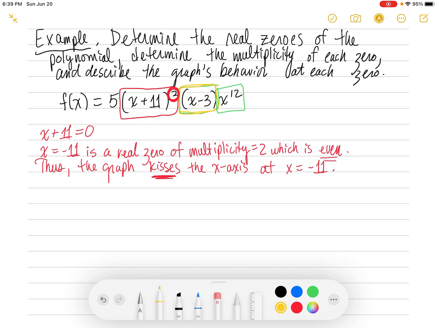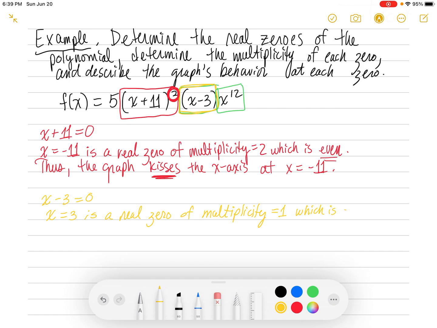Okay, so we go to our next factor, x minus 3. We set that equal to 0 and add 3 to both sides. You get x equals 3. That's going to be a real 0 of multiplicity, what's the power above that factor? X minus 3 is understood to have a power of 1. Even though you don't see it, you imagine there's a little power of 1 up there.